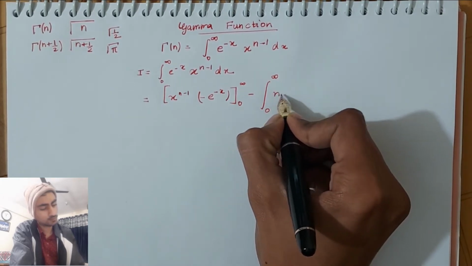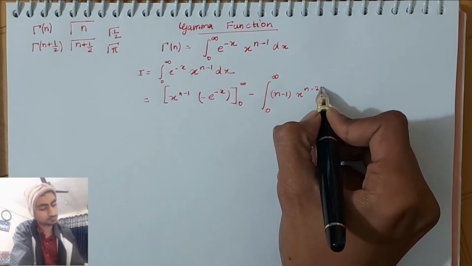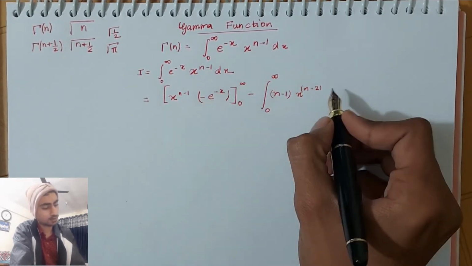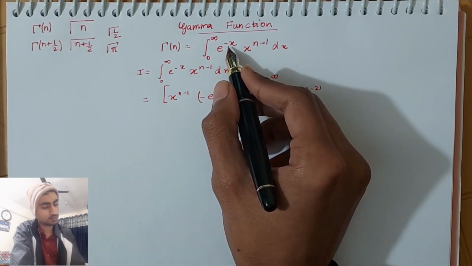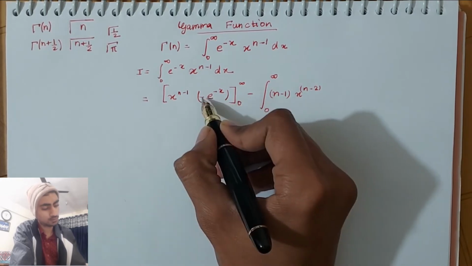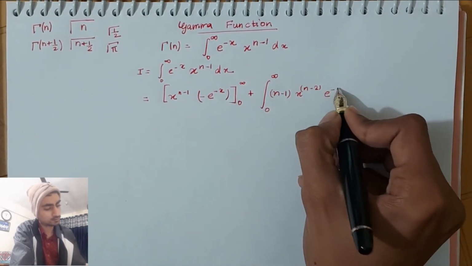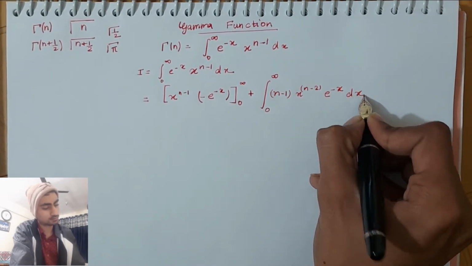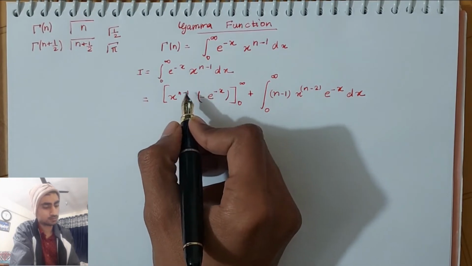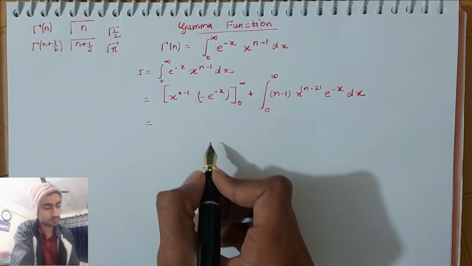So it will be n minus 1 times x to the power n minus 2, and if we integrate the second function, we will get minus e to the power minus x. So minus minus becomes plus, and e to the power minus x dx. Okay, so let's try to find out what this has the value of.